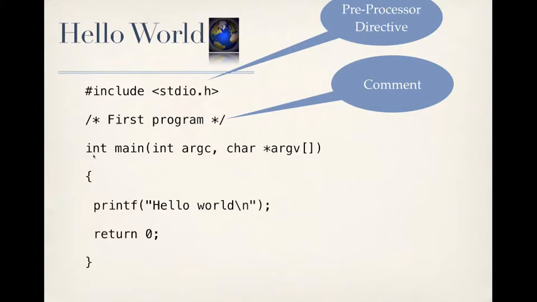Okay, then we have the main function. This is a mandatory function. We have to have it somewhere in a C program, because this is the one which is called if we start a program written in C. And we know already, it's pretty similar to C#.